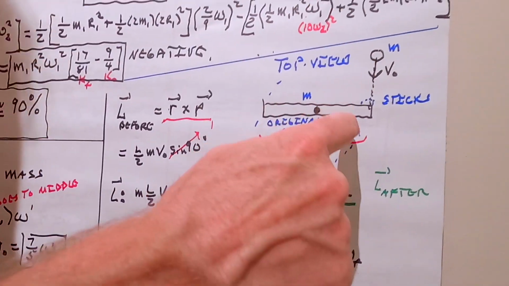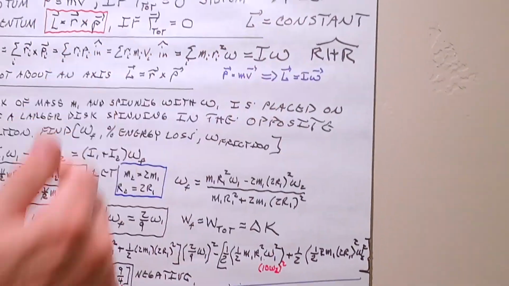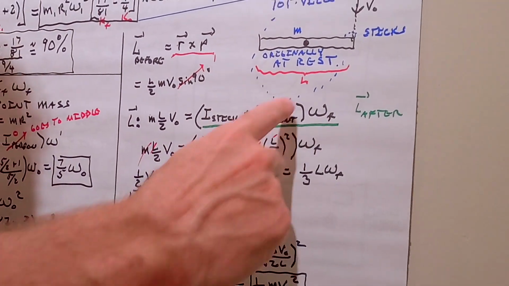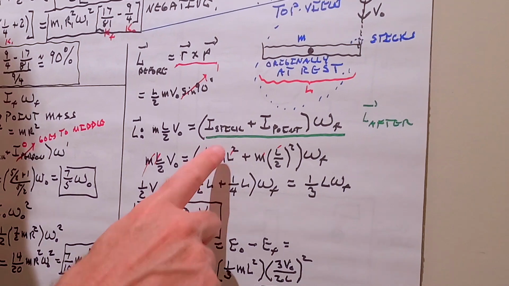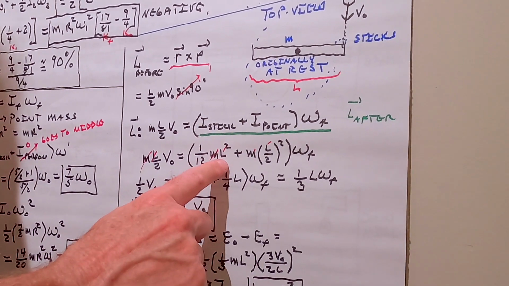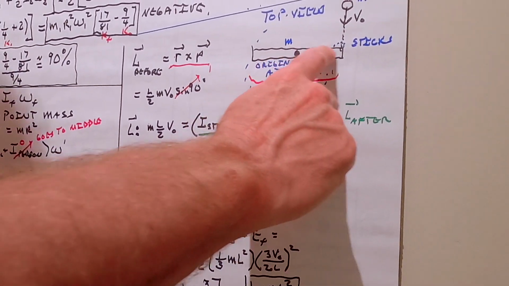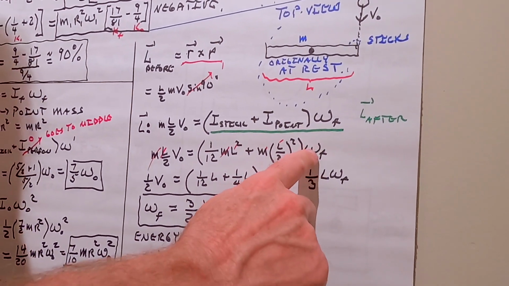Then once it sticks and it's going in a circle, we can use our I omega, because you're going in a circle now, and it's I of the stick plus I of the point mass times omega. Okay, and we know I of a stick about the center is 1/12 m L squared, and I for a point mass is m r squared, but r is just L over 2, so it's m r squared omega final.